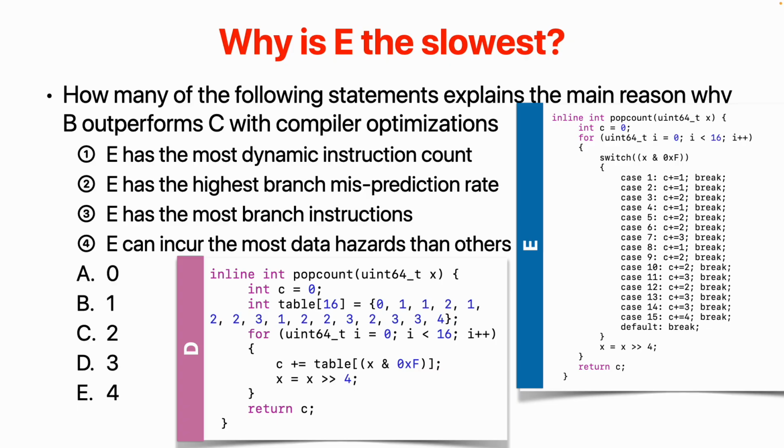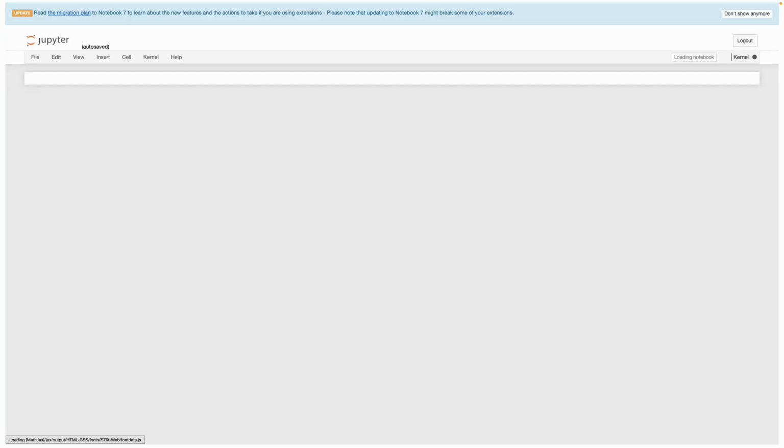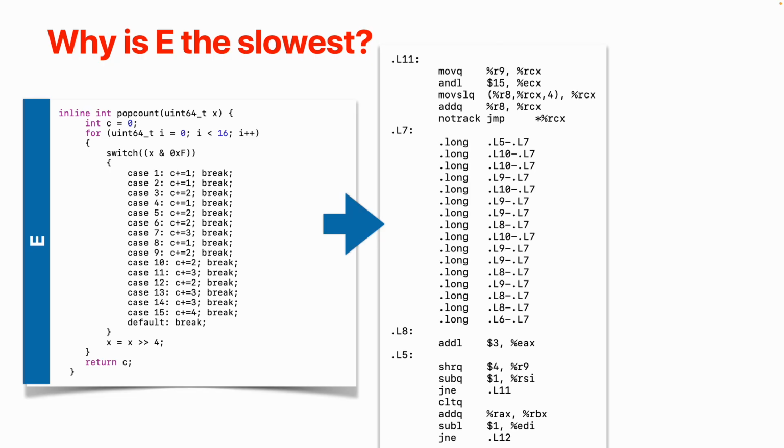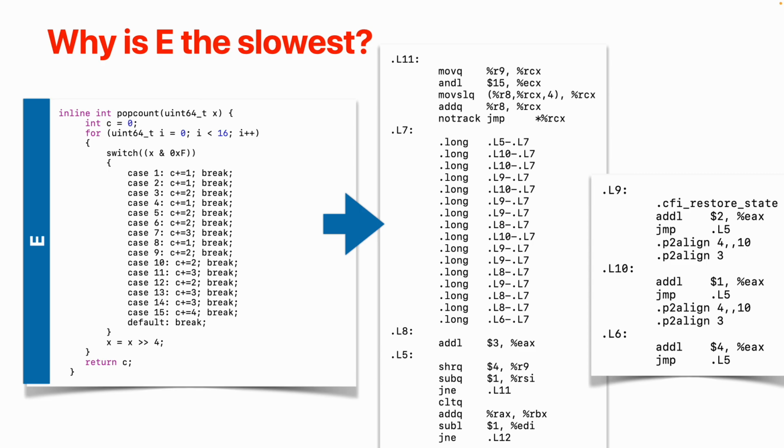Okay, so here's the thing, right? Switch looks so elegant from the programmer's perspective. You clearly see what's going on there. But what I want to tell you is that in reality, this is how we implement a switch. So you will figure out there is a table here, and this table is different in a way that you will see its content is L5 minus L7.